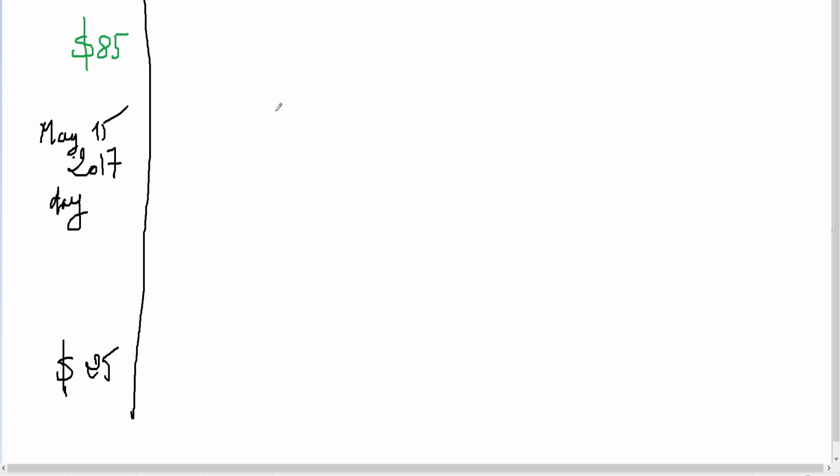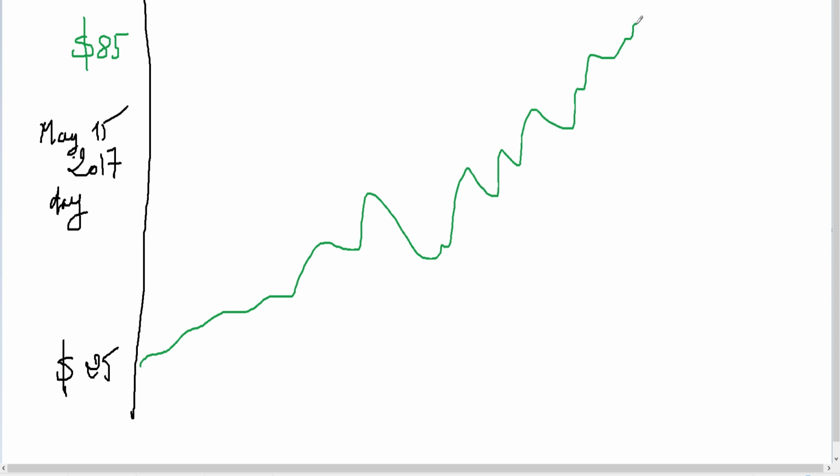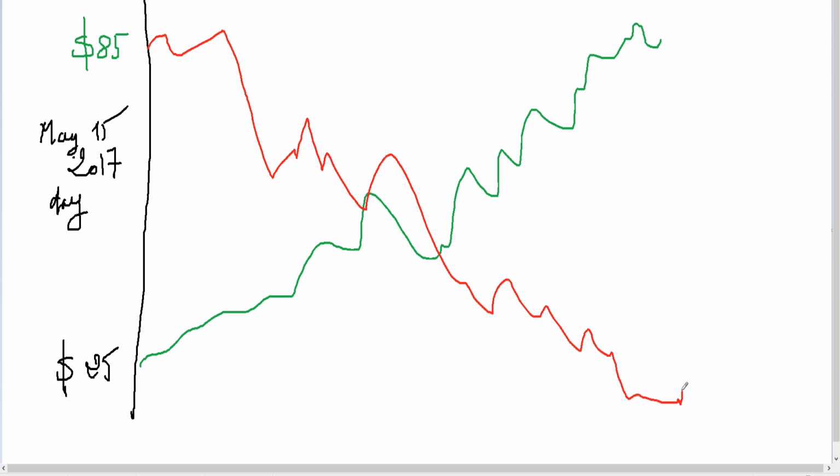Now the first one is going up here, and the second one is going down like this. And this is now, today: the stock from $25 goes, let's say, to $100.